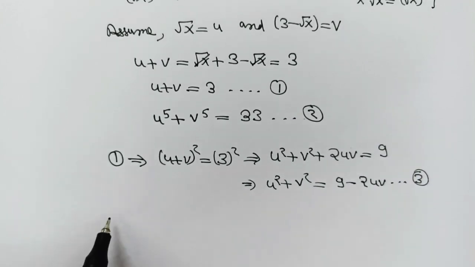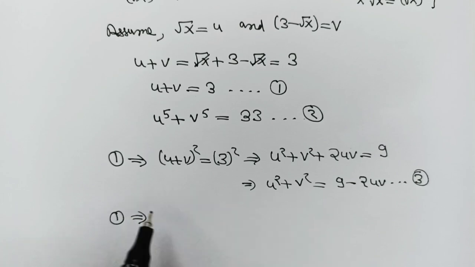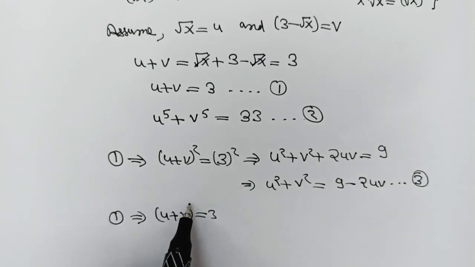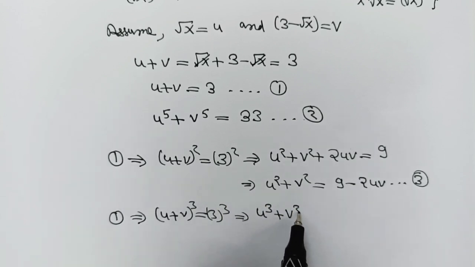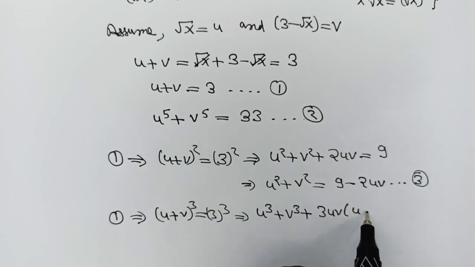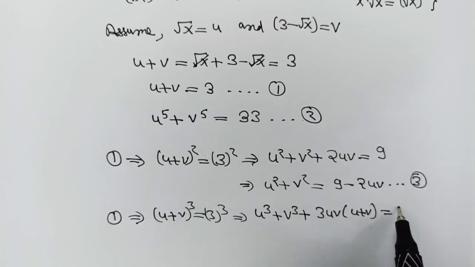And similarly, on cubing u + v = 3, there will be u³ + v³ + 3uv(u + v) = 3³, which is 27.